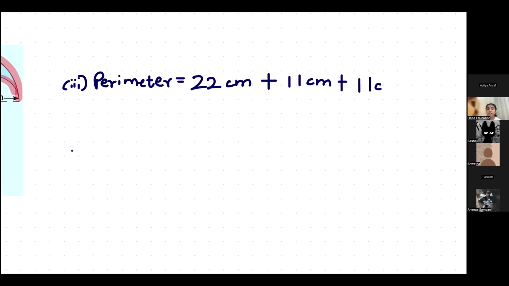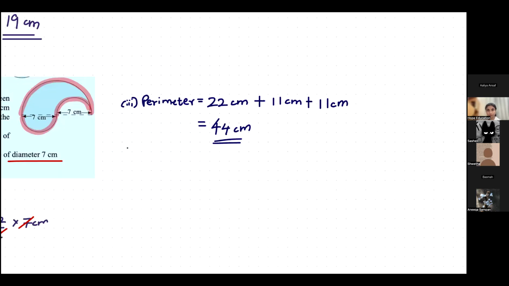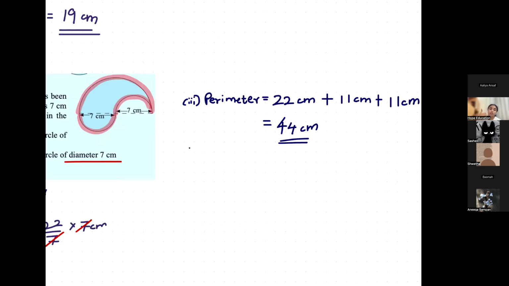So 22 plus 11 plus 11 would be 44 centimeters. Did you all get this answer correctly? Give me a thumbs up if you got this answer and if it's clear. Everybody.